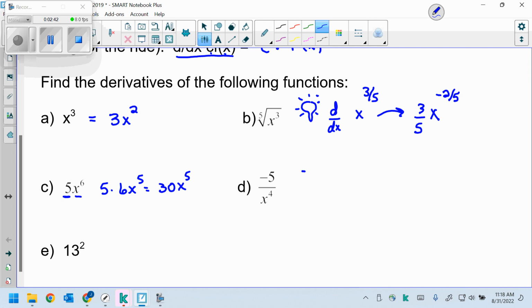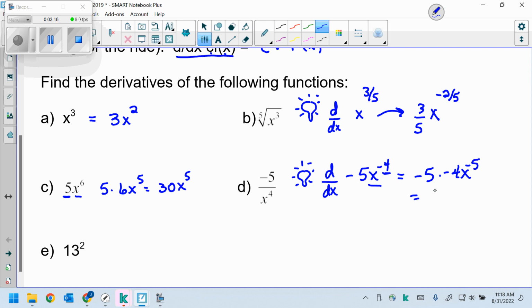Let's do some thinking here before we find this derivative. Let's think of this as being asked to find the derivative of -5 x to the -4. Okay, the coefficient comes along for the ride. For the derivative of this guy, we have to bring that -4 around front. x to the, now we have to make that smaller by 1.